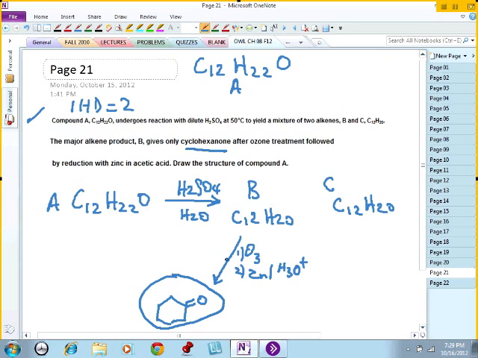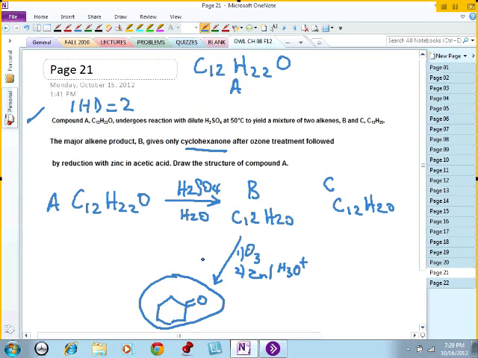It will cleave a carbon-carbon bond, right? So this carbonyl must come from a carbon-carbon double bond. And since we are starting with C12H20 and ending up with this right here, how many hydrogens are there? 1, 2, 3, 4, 5, 6, 7, 8, 9, 10.